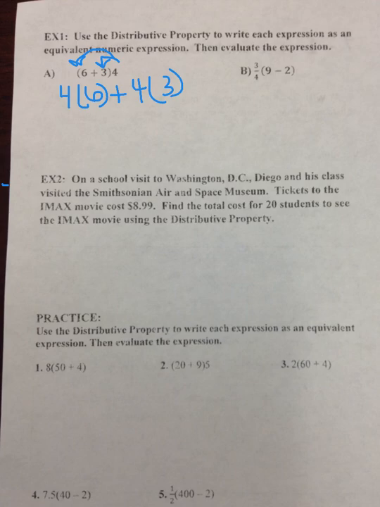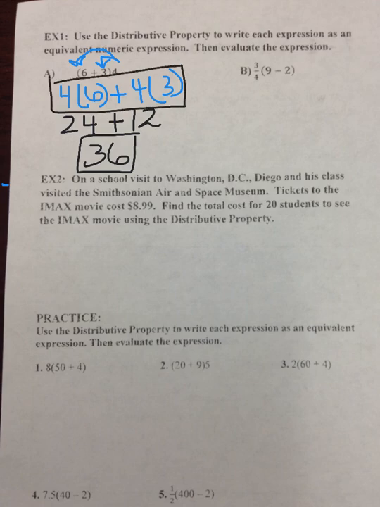And then now from here, I can go ahead and solve this. 4 times 6 is 24, and 4 times 3 is 12. And then 24 plus 12 is 36. So here's the expression, and 36 is us evaluating the expression.